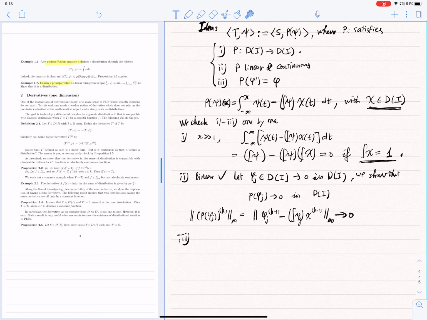So we apply it to phi prime, we're going to have exactly the primitive of that function phi prime, which gives phi, right? So the third property is also an easy task. So this finished the proof of the proposition.